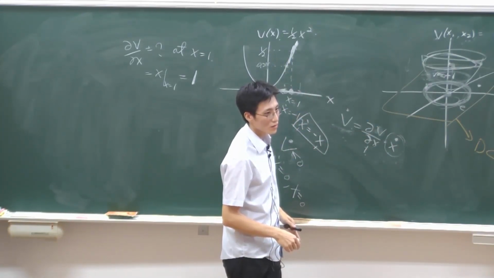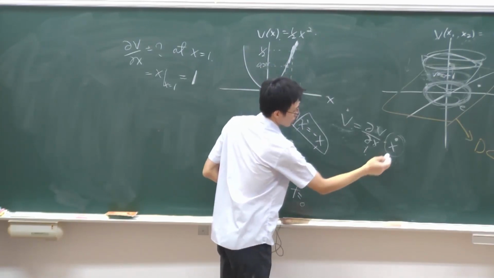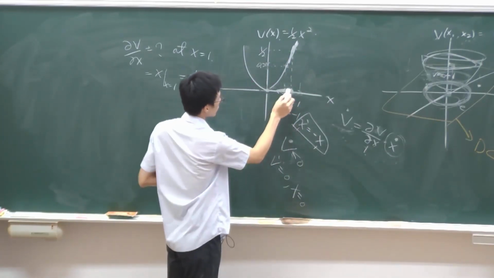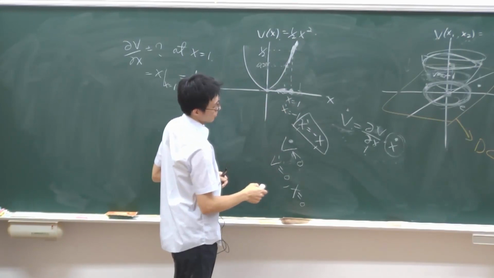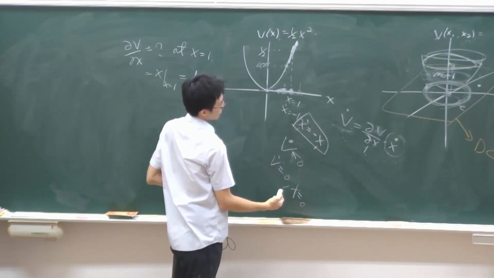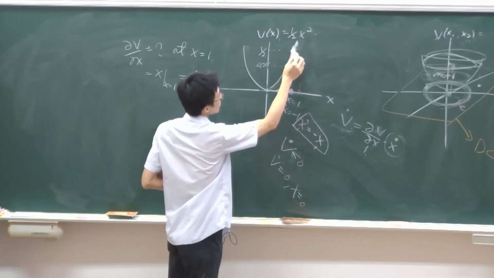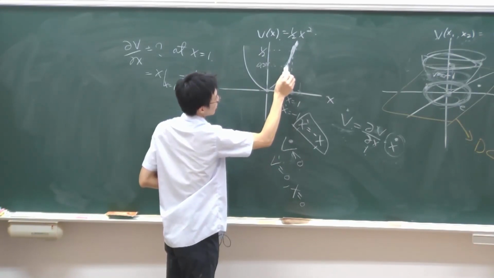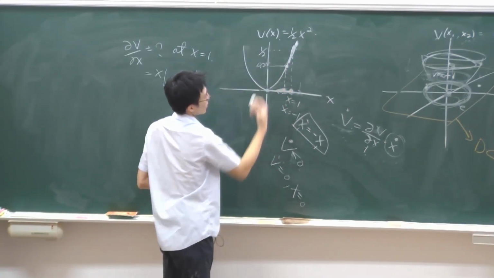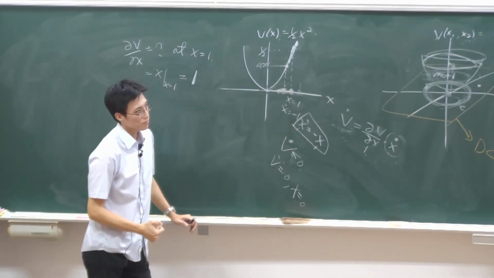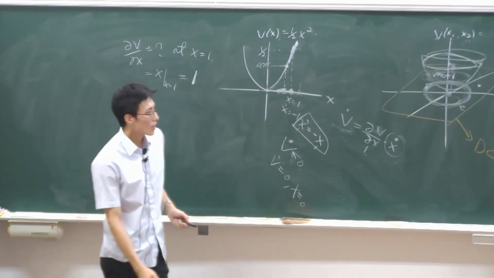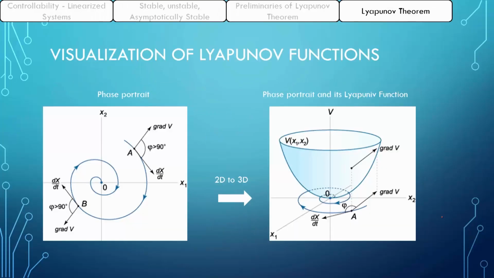If you move to the left, which points in the negative direction, v dot will decrease, because you will reach here, and the corresponding v value decreases.